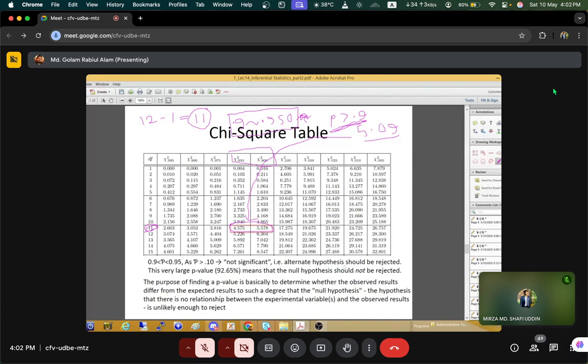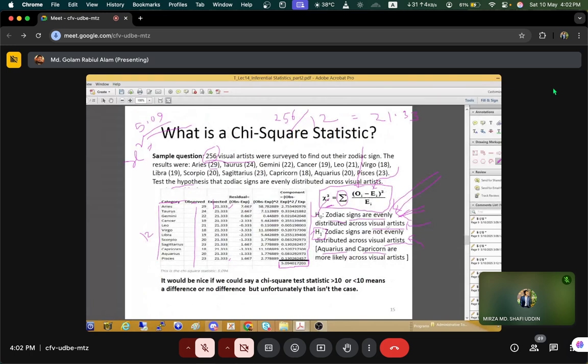Our null hypothesis is that zodiac signs are evenly distributed across the visual artists. This statement should not be rejected. If we reject this one, then we have to accept H1. But from our statistics, we should not reject H0.